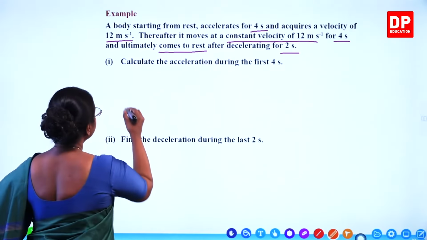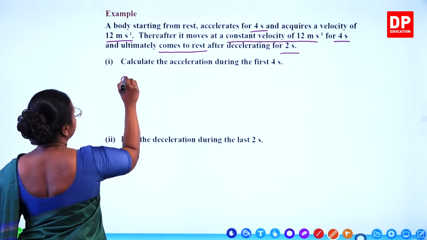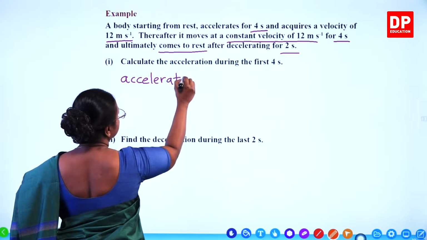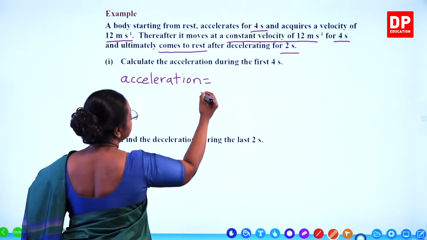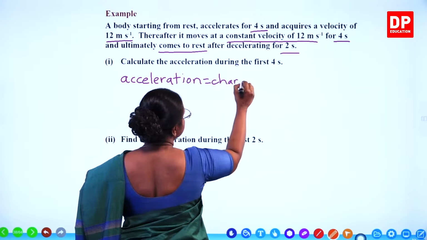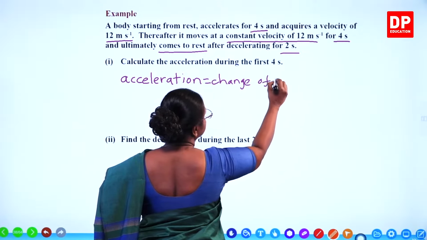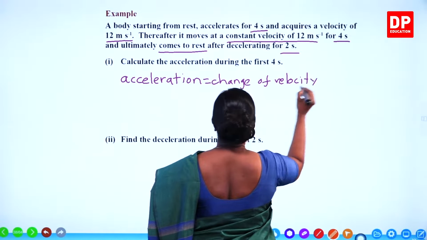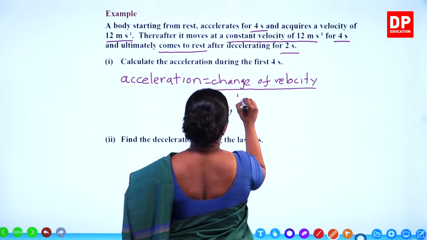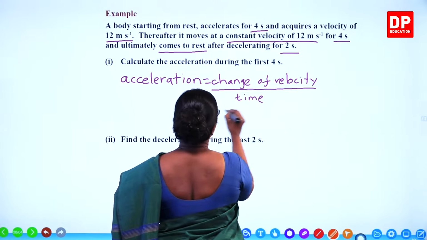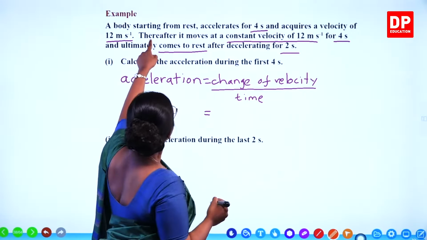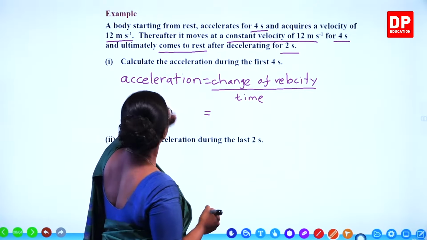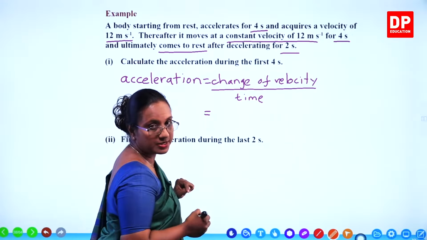So acceleration, as you all know, is equal to change of velocity divided by time. So here it started from rest and accelerated for 4 seconds and finally 12 meters per second.